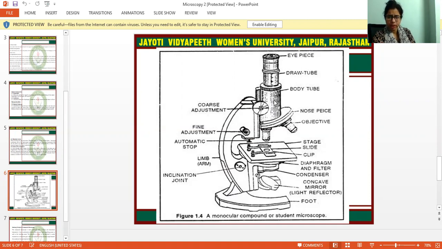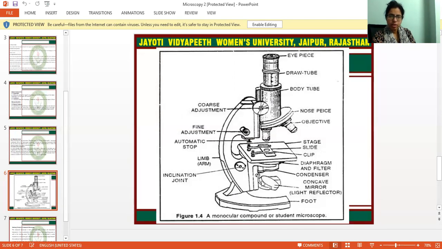Now come to the optical components. The eyepiece comes into the optical region, and this one is the objective, which also comes here.